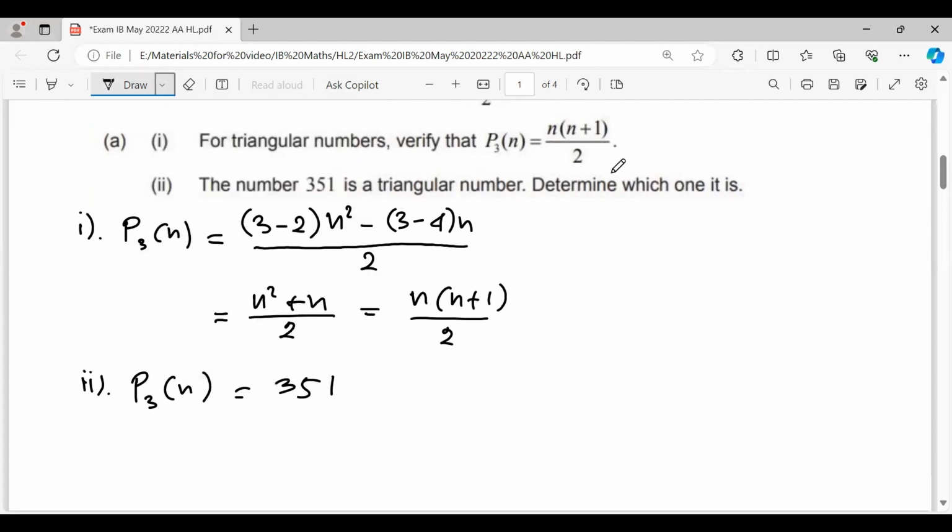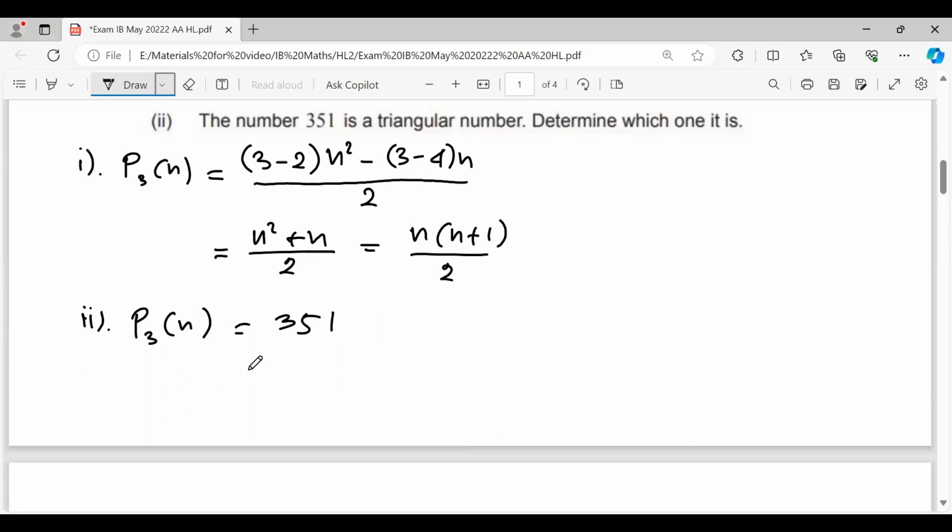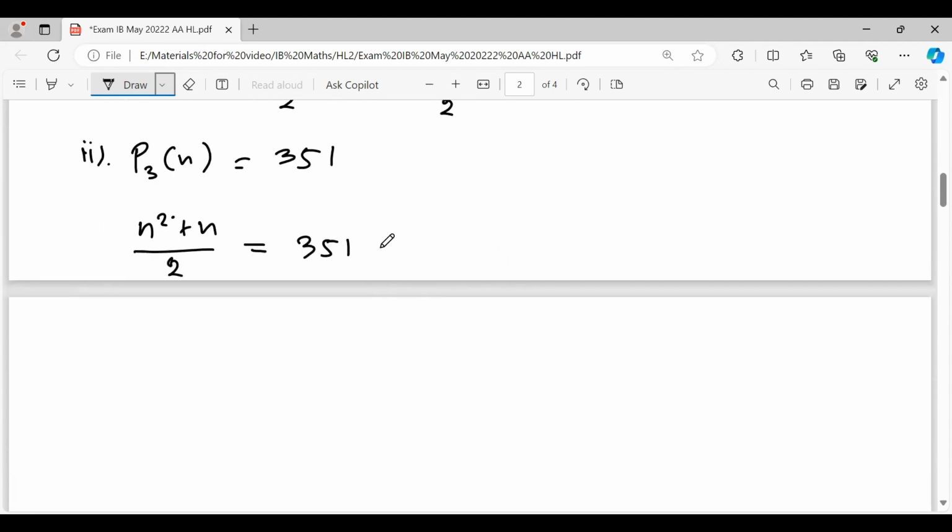So P_3(n) equals this fraction, (n squared plus n) over 2, equals 351. The next step is to multiply by 2. It becomes n squared plus n equals 702. Okay, 702.